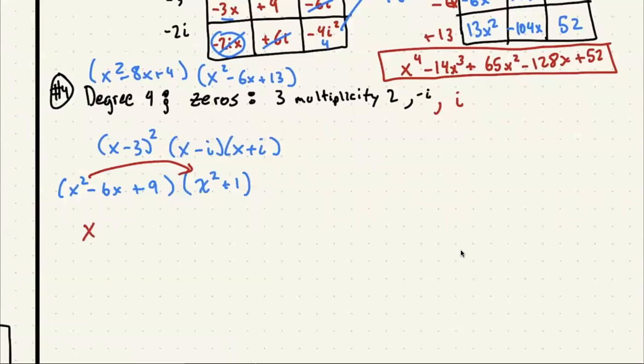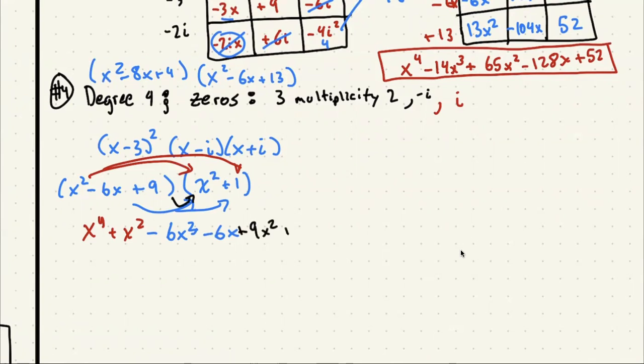I'm going to have x to the 4th plus x squared, right? And then we're going to have minus 6x cubed, minus 6x, plus 9x squared plus 9.